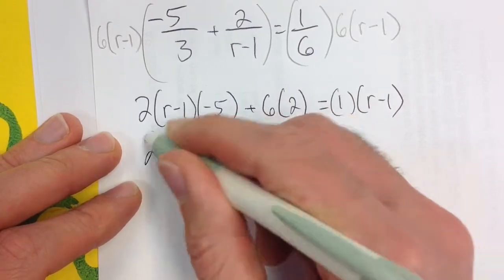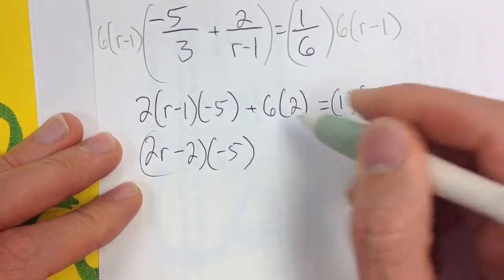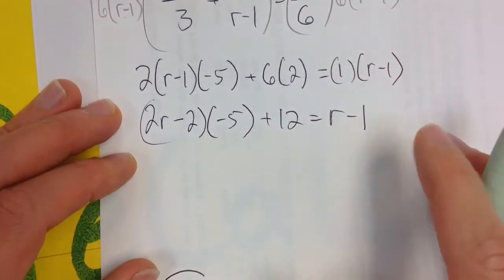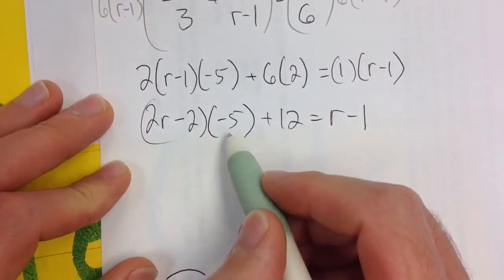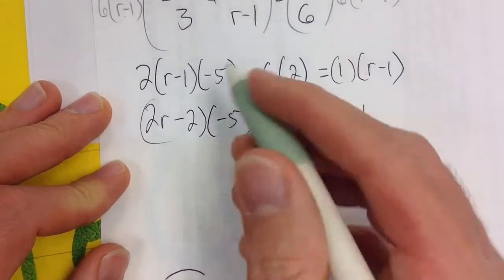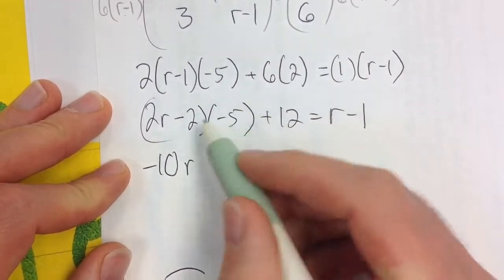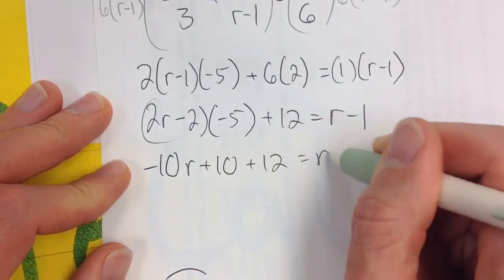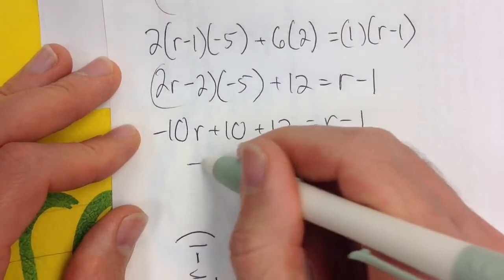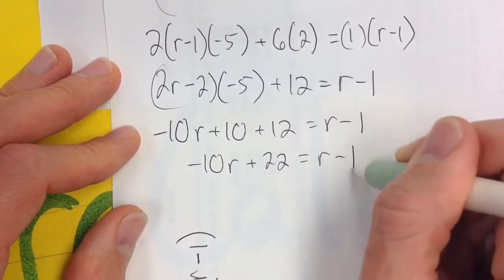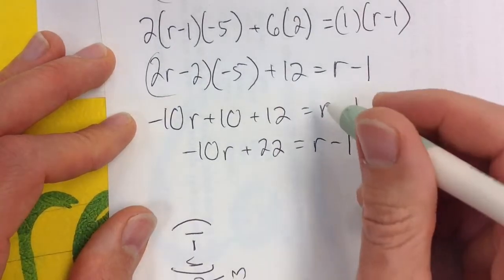2(r minus 2) times negative 5 plus 12 equals r minus 1. 2r times negative 5? Negative 10r plus 10. Yep. So we have negative 10r plus 22 equals r minus 1. I think you can handle the rest.